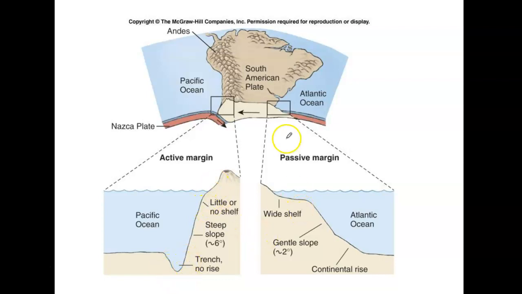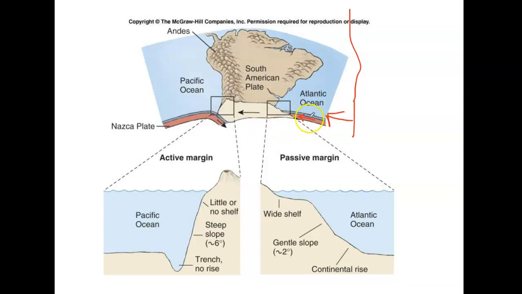So active margin. Now here, on the opposite side of South America, we have what's called a passive margin. That's because this plate is moving in the same direction, okay? It's kind of trailing along with this plate. And that's partially because here's the Atlantic Ocean. If you remember, there's the mid-oceanic ridge out here, right? Which is making new seafloor and pushing that new seafloor in this direction.